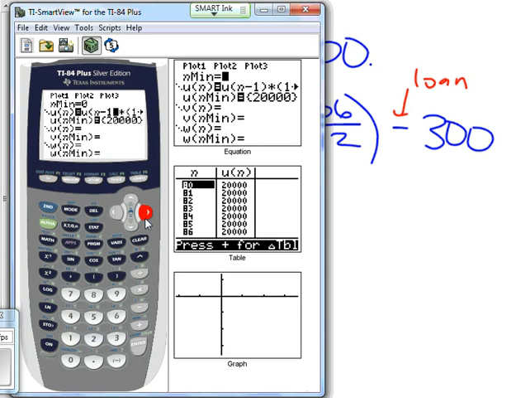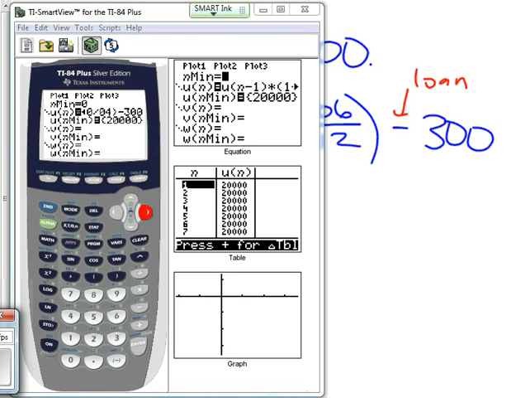I have a $20,000 loan, and then it should be increasing by 1.06 divided by 4, and then I'm making $300 payments quarterly. Why is it staying the same with 20,000 over there? You guys know what I'm doing wrong? Pause for a second here just to figure out.